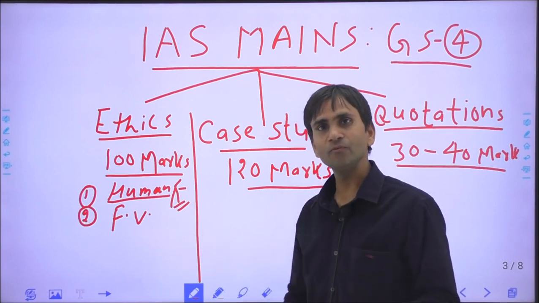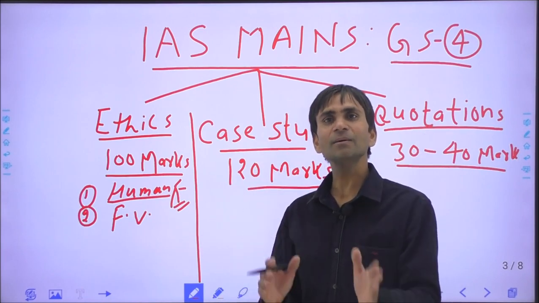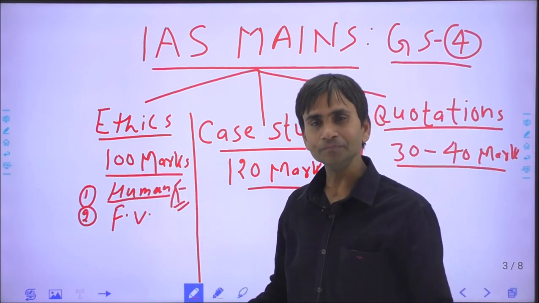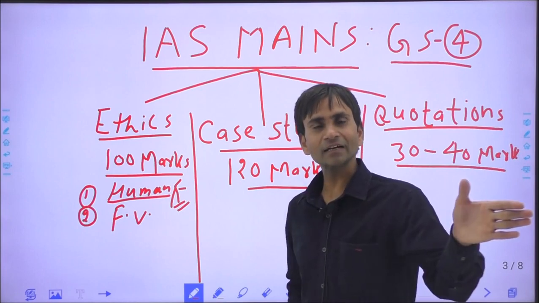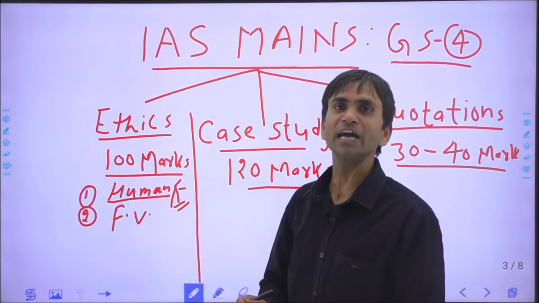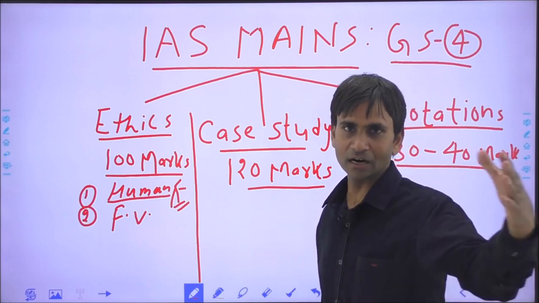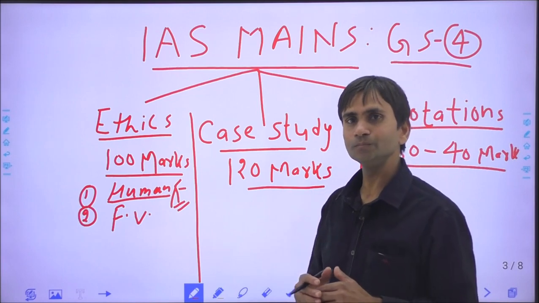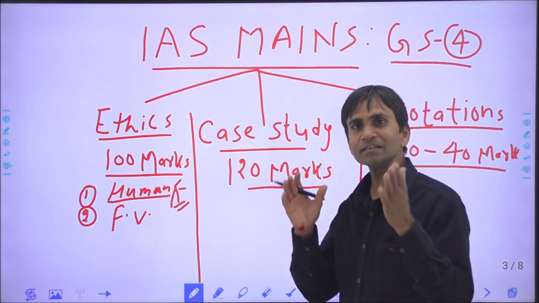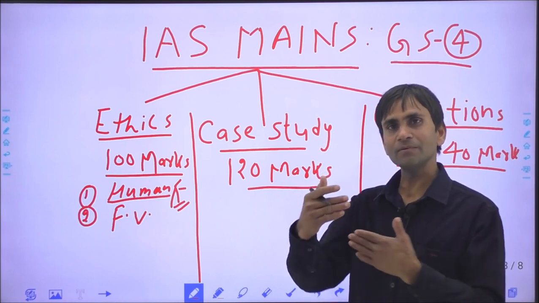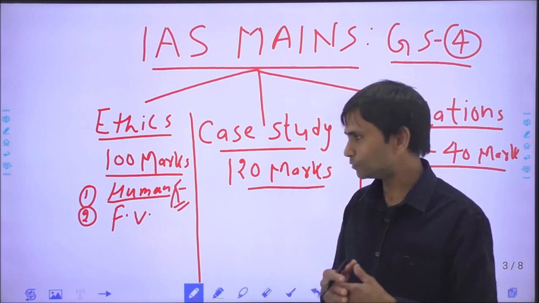Along with these, we have to study human values, which are divided into social values in the social sector, economic values in the economic sphere, and cultural values in the cultural field. We have to try to understand the relationship between human values, civil service values and fundamental values.